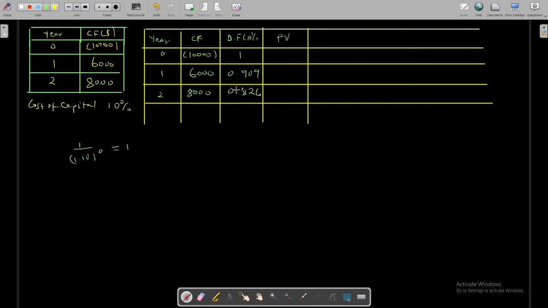When we multiply 1 by 10,000 we get 10,000. Then 6,000 times 0.909 will give us 5,454 as we calculated already. Then 0.826 times 8,000 will give us 6,608.